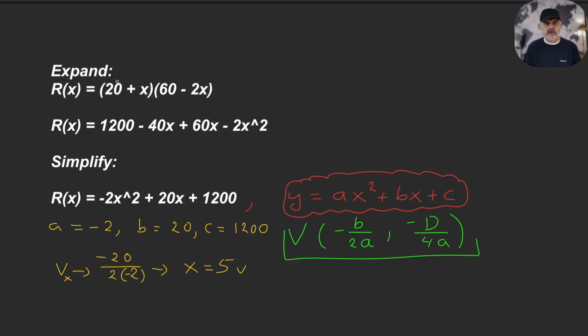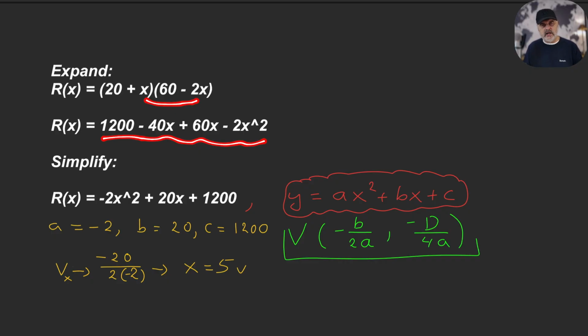So you remember the formula. You would go 20 times 60, 20 times negative 2x, 60 times x, and x times negative 2x. So this is the expansion of the product. So that makes sense.